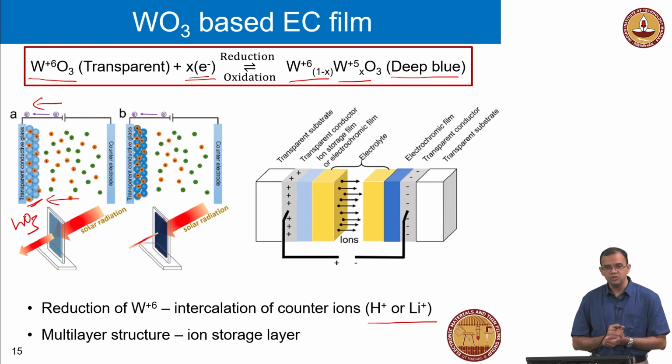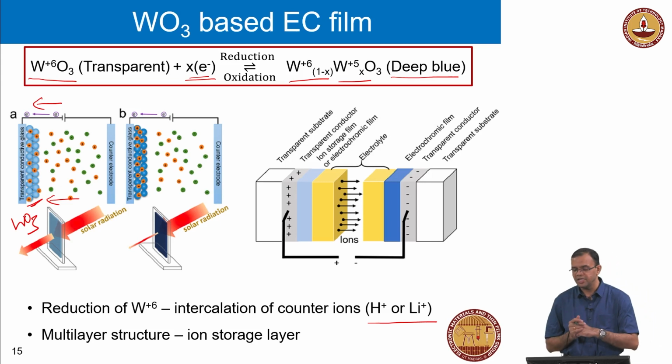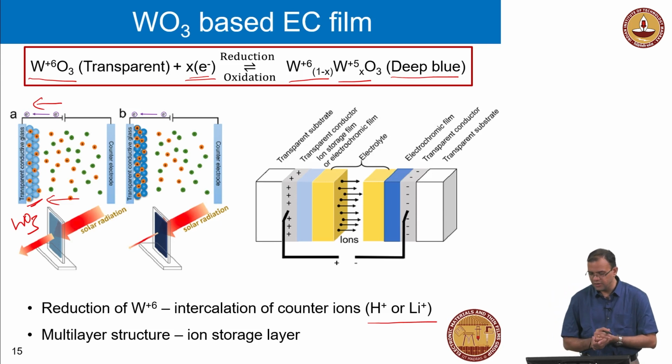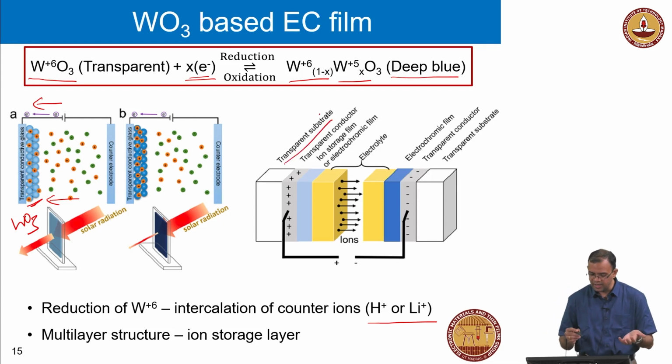So the electrochromic film, even though it is based on one particular material, is a multi-layer device, and I'll show you the device structure in subsequent slides as well. You need some sort of a transparent substrate, usually glass.